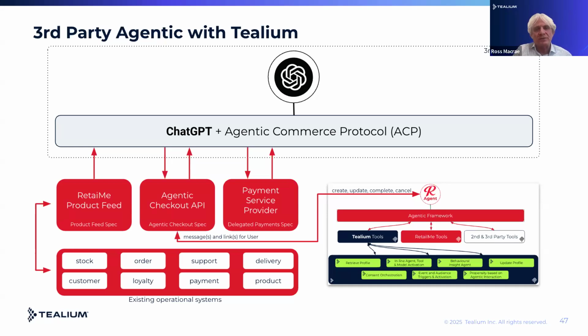Now, when you look in the Agentic Commerce Protocol, ACP, you'll see that it includes provision for messages and links to be provided to the user as the order progresses. That's made in the webhook call to ChatGPT when you're returning the call to their API call. There's also provision in that protocol to allow ChatGPT in this case to collect additional data and send it to you, particularly as it interacts with the checkout API.